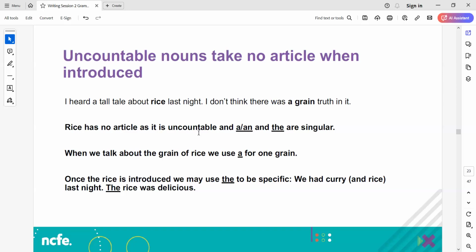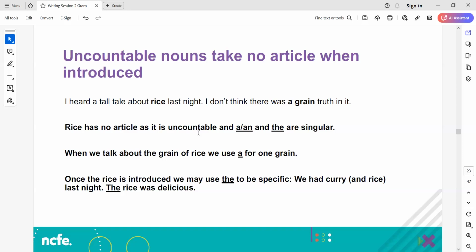But when we talk about the grain, that's one thing, so it uses a, the indefinite article. Once the rice is introduced, we may use the to be specific.